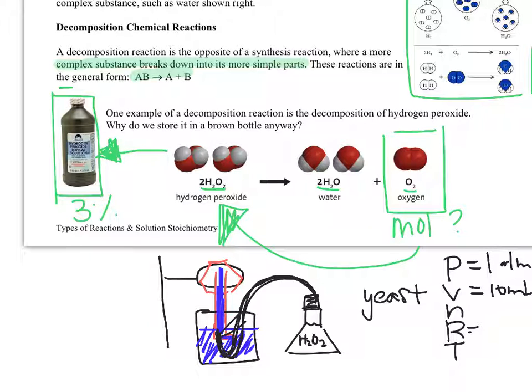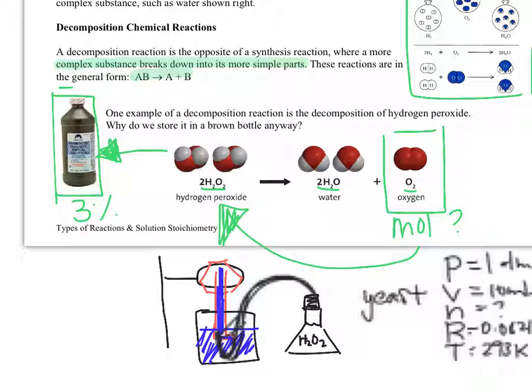The gas constant is 0.0821 liter atmospheres per mole Kelvin, and the temperature in the room was probably somewhere around 25 degrees Celsius, which is about 293 Kelvin. We rearranged and solved for the number of moles, and again using stoichiometry, because that's what this unit is all about, I used moles of oxygen gas collected and converted it to moles of hydrogen peroxide.